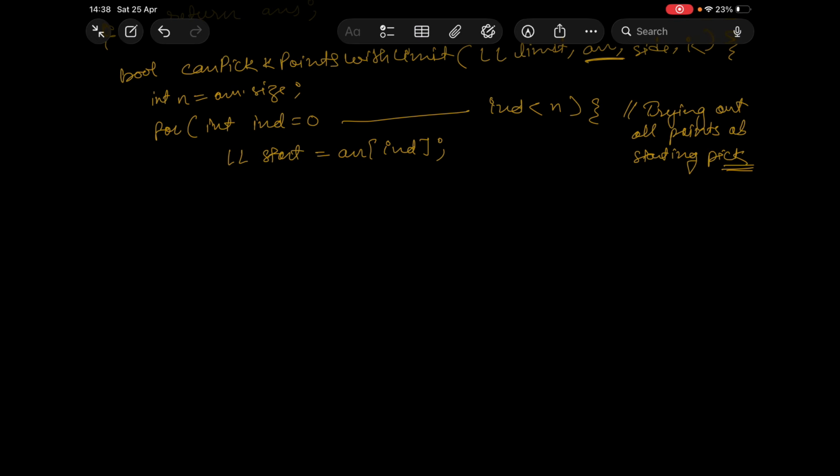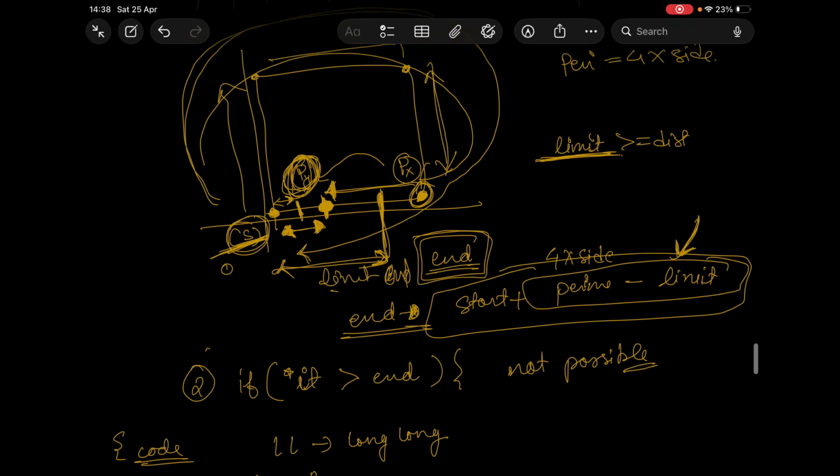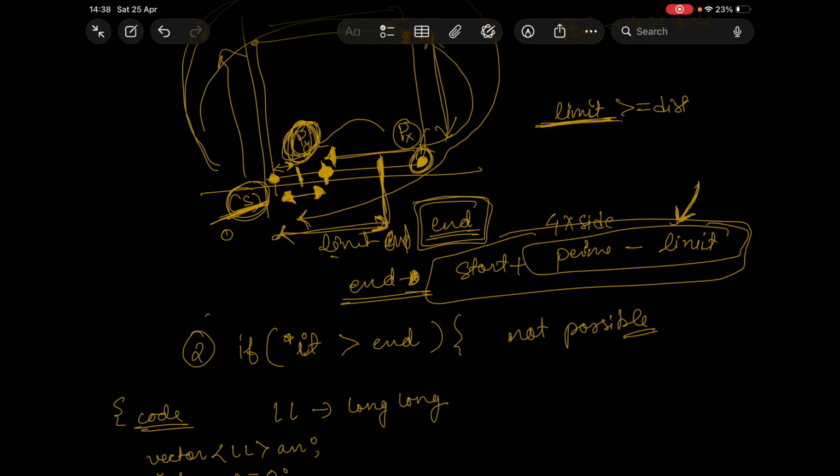So this is start, and accordingly we need to calculate end as well for the circular case, so that our end should not be greater than this. I mean, we should not be able to pick something outside of the range. So our usable range that we calculated here, yeah, this is our usable range, right? That perimeter minus limit is what we can use, and this is the starting point.